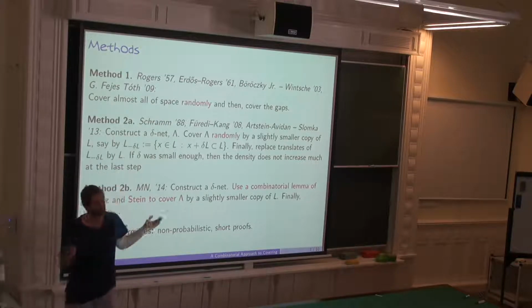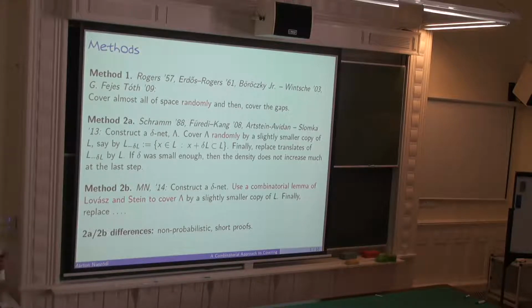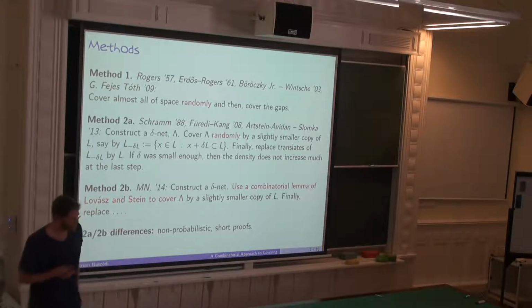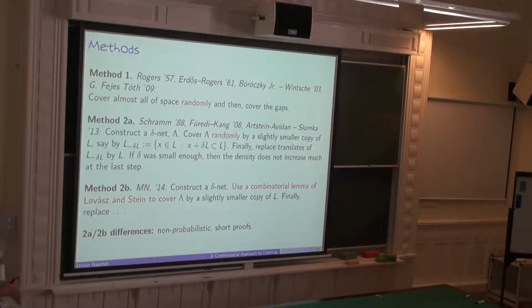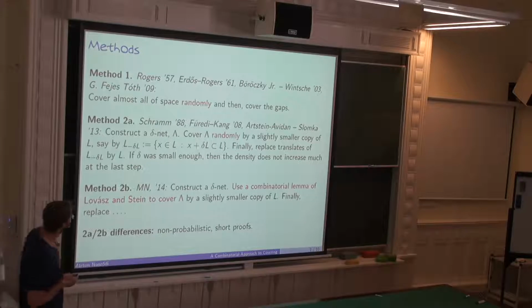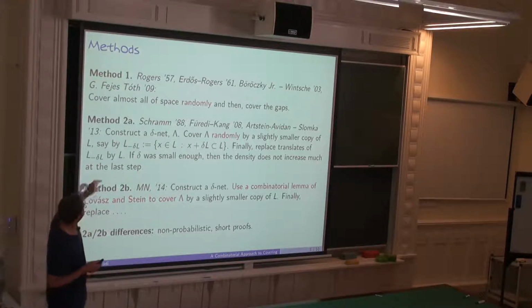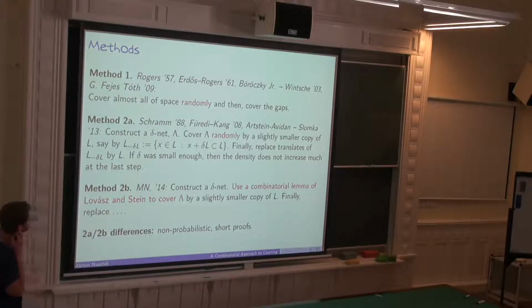And how to cover this delta net? Randomly again: you take random translates of L that will cover your delta net. The modification of this is to use a simple-sounding lemma, due to Lovász and independently to Stein, to cover this Lambda, and then we do the shrinking and enlargement just like previously.